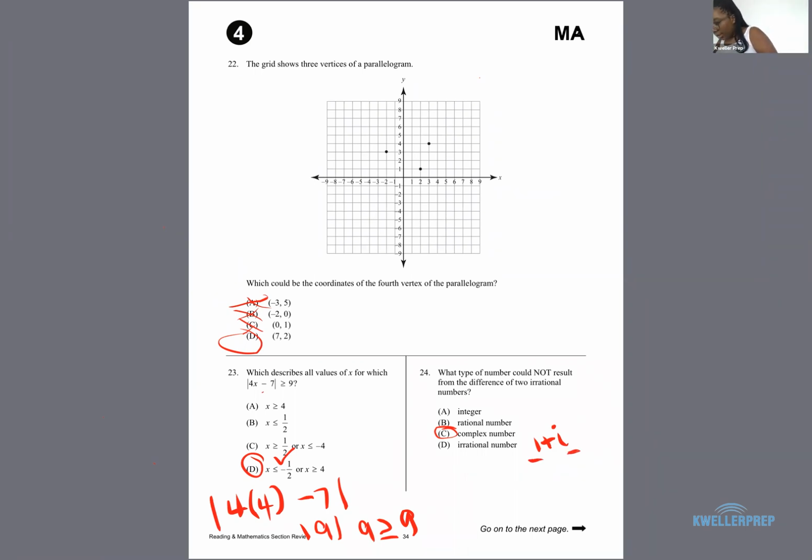Now, the reason why you can't form a complex number by the difference of two irrational numbers is because irrational numbers, while they may be real, cannot be imaginary. So complex numbers require an imaginary part, and irrational numbers are not imaginary. So that's why a complex number can't be formed by the difference of two irrational numbers.